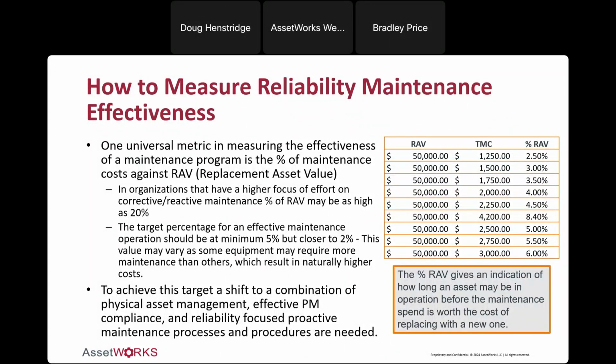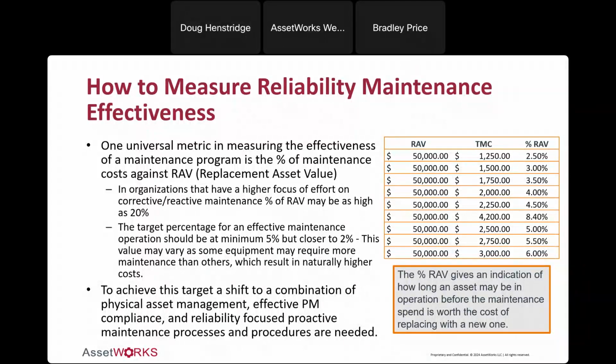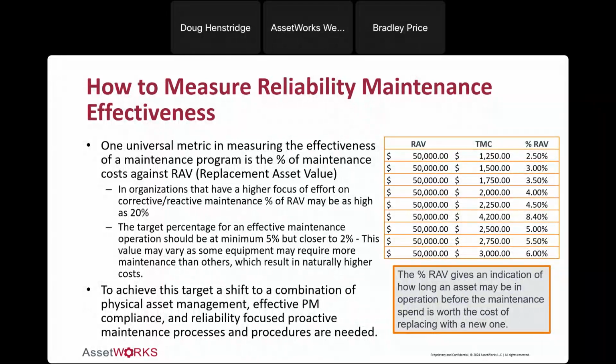If I'm at an 8%, right, then I'm at $4,200. Now I'm looking at like 12 years. It's essentially less than half of that value. So what that means is at some point, if I maintain that 8% of RAV, I'm actually buying a new piece of equipment with the cost of maintaining the old one, right?